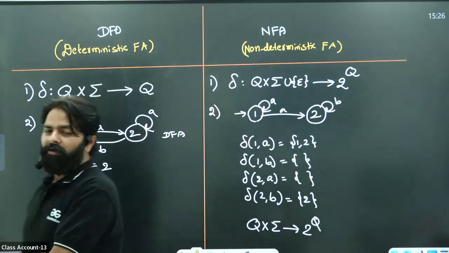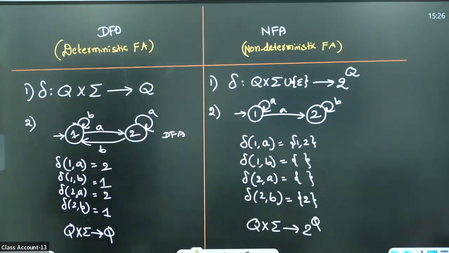So what is the difference between DFA and NFA by looking at this observation? Go ahead. Final states are not required, Kiran. Everyone, we don't need final states. One initial state is there. Final states can be 0.